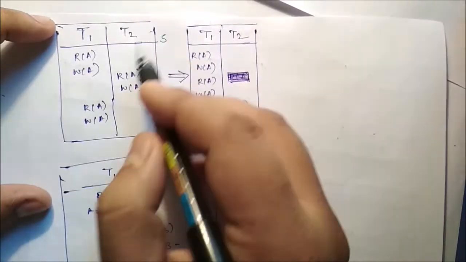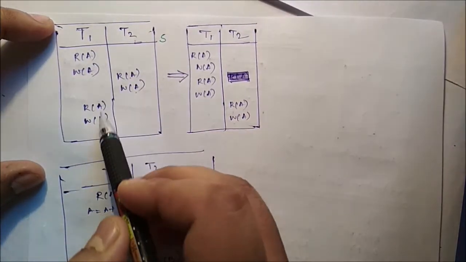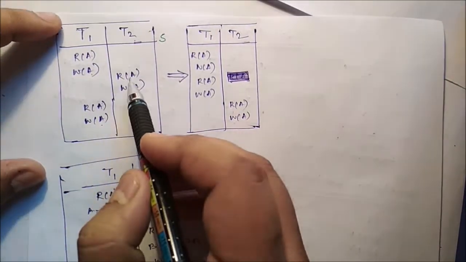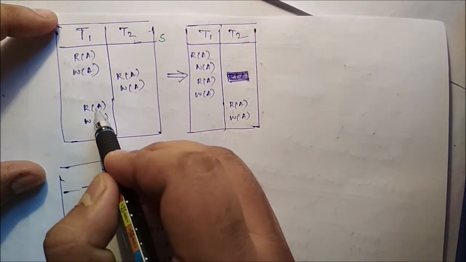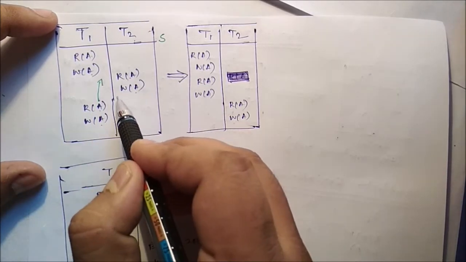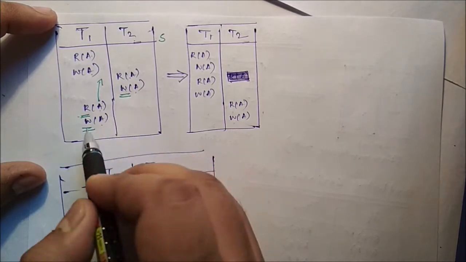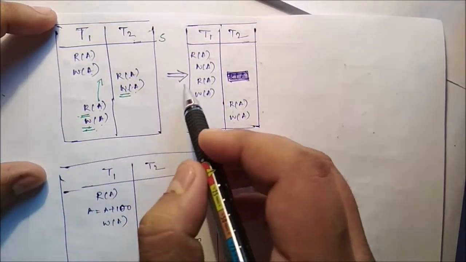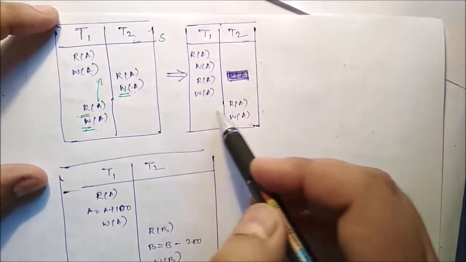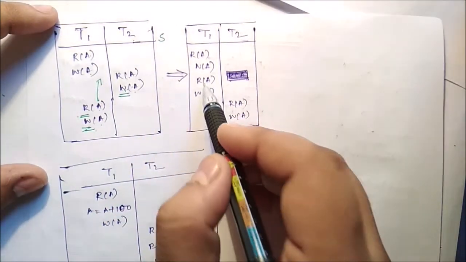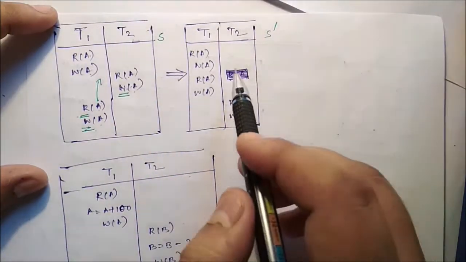Schedule S, and transactions T1 and T2: read A, write A, read A, write A. Both are working on the same variable, but we cannot shift these two instructions upward because write and read both are conflicting instructions, write and write both are conflicting instructions. So we cannot generate this serial schedule, so we cannot get this schedule S dash from this. So S and S dash both are non-conflict equivalent.